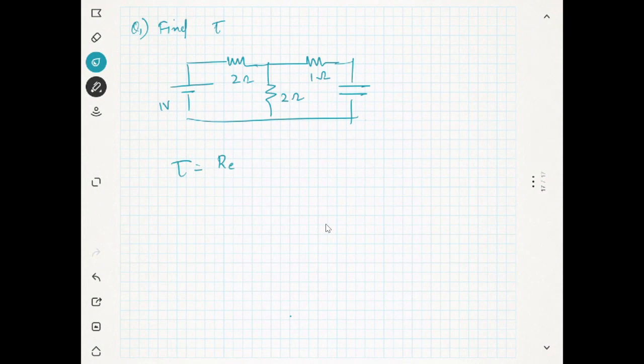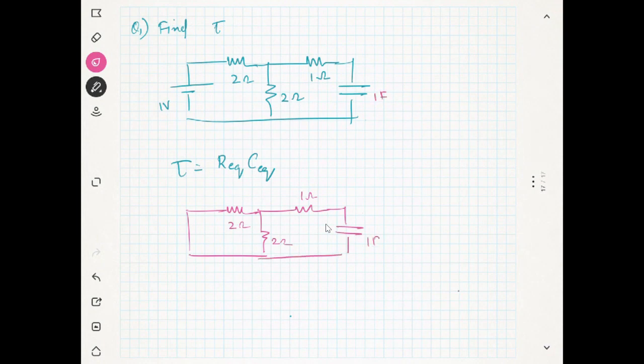Again, R equivalent times C equivalent. Short circuit the voltage source, so 2 ohm, then 1 ohm. C equivalent is 1 farad.